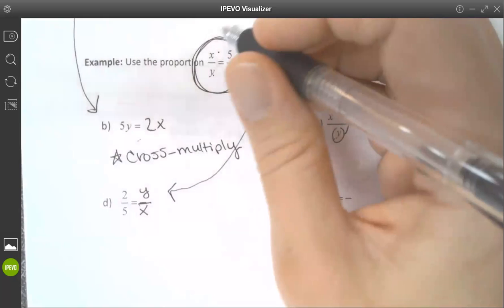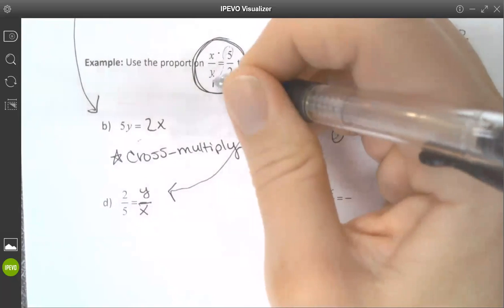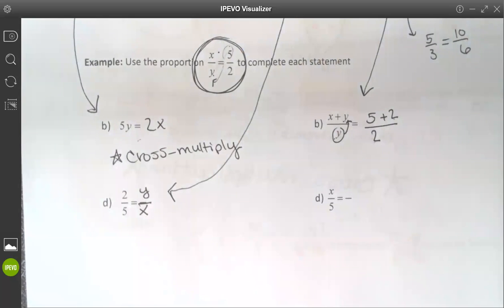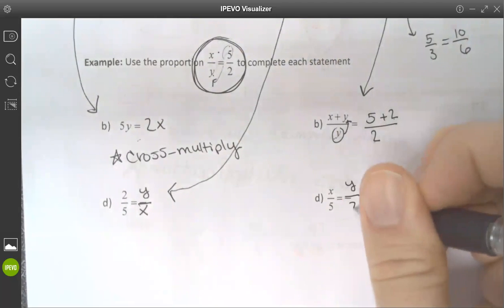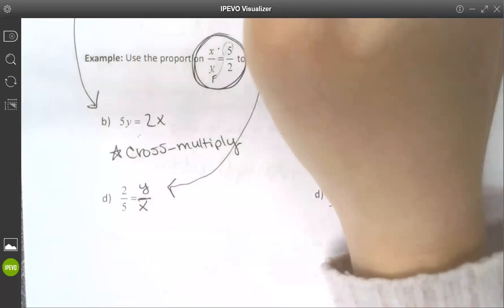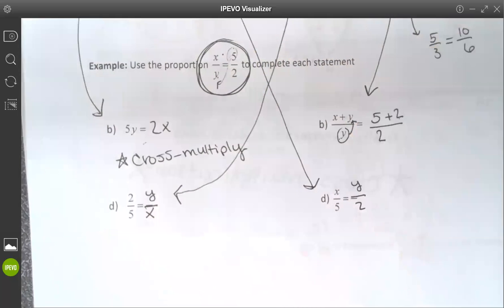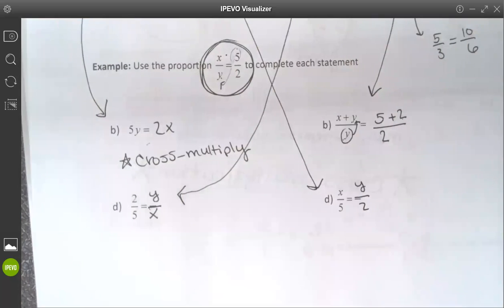What this one's done is taken this 5 and put it here. What would x over 5 be equal to? y over 2. It's flipping the B and C around. That's property B from up above. Let's bring that over.